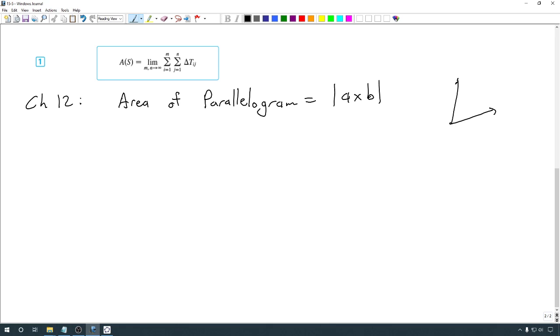These are vectors A and B. If we have vectors A and B based at the same point, they form a parallelogram. In fact, these other sides are the same. This is another copy of B. This is another copy of A. We get a parallelogram here, and the area of that thing is the magnitude of A crossed with B.